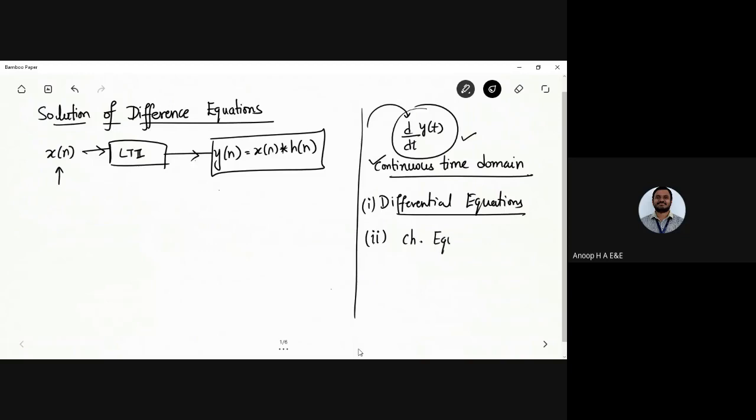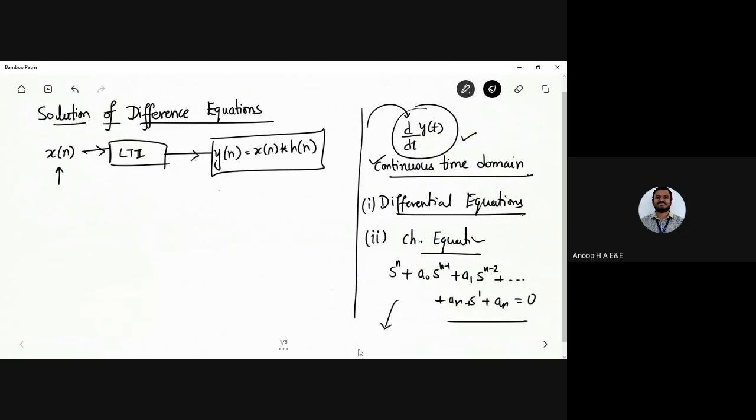So I have the characteristic equation written in the format a0 s power n plus a1 s power n minus 1 plus a2 s power n minus 2 and so on, up to a n minus 1 s plus an, that would be equal to 0.